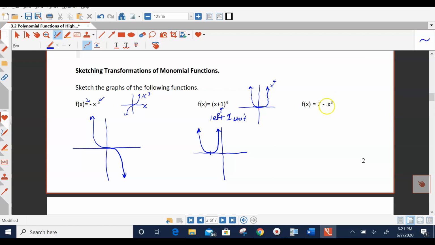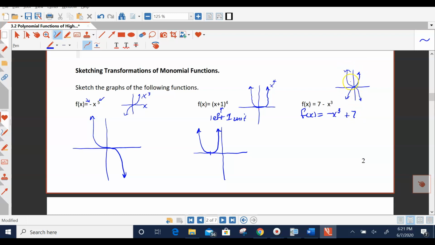Okay, so when you have a polynomial, you want to write them in descending powers. So here's a situation where we're going to write the negative x cubed first and the constant second. Well, we know what x cubed looks like. We wrote it just a second ago, but it looks like that. Now the negative in front of it says I'm going to have to flip it over, so it's going to do something like this.